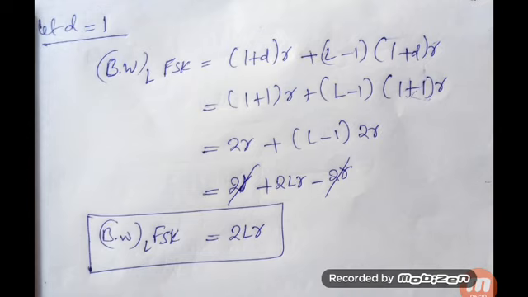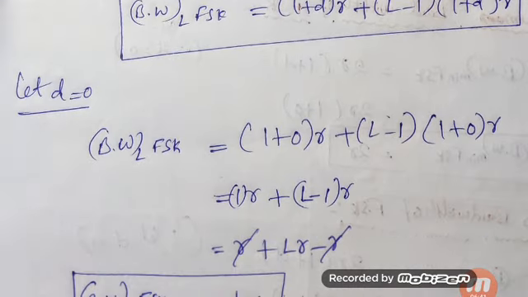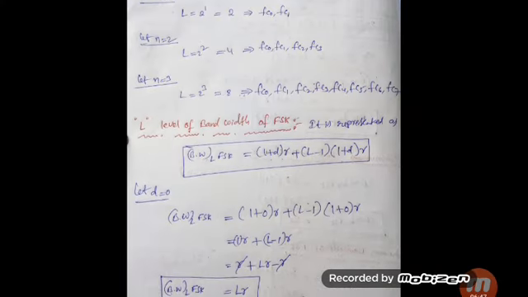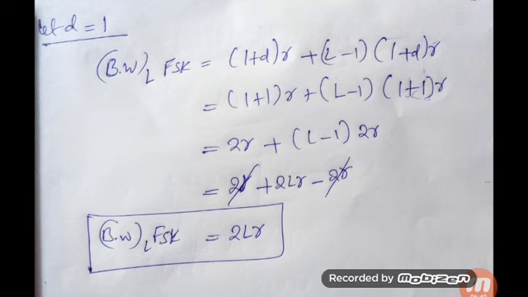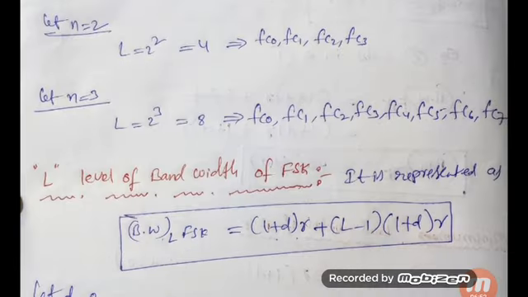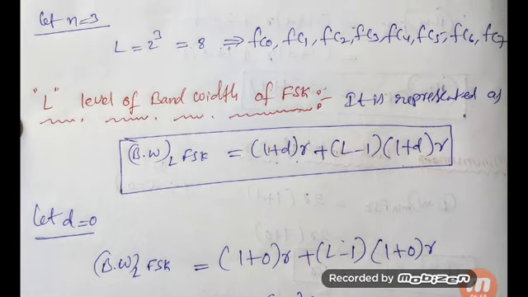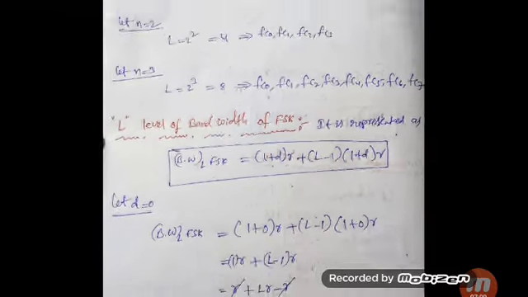So these are the different formulas of bandwidth level FSK at d equal to 0 and at d equal to 1. And this is the overall formula for L level bandwidth of FSK: (1 plus d) into r plus (L minus 1) into (1 plus d) into r.